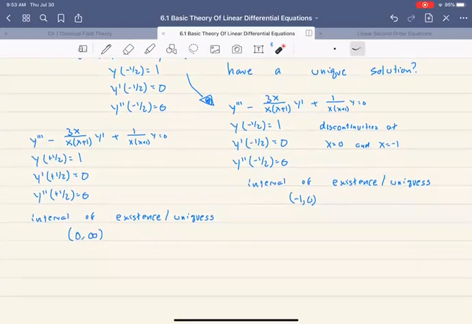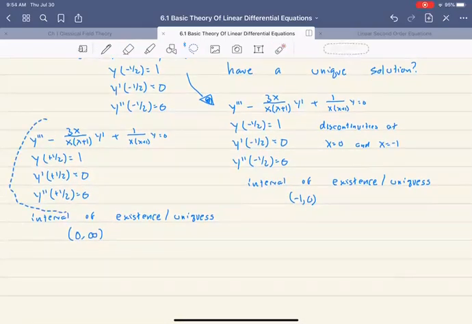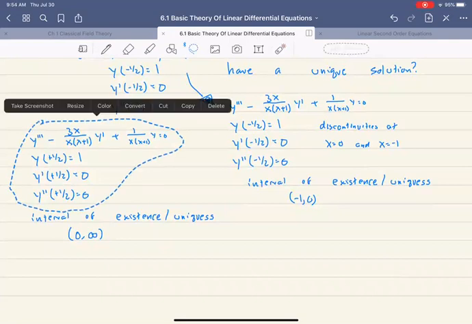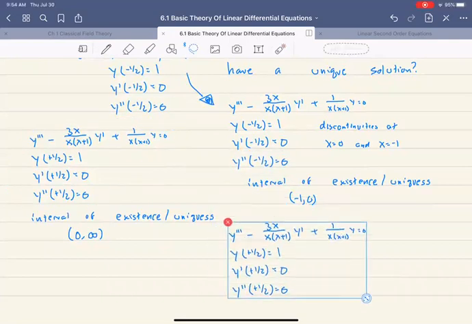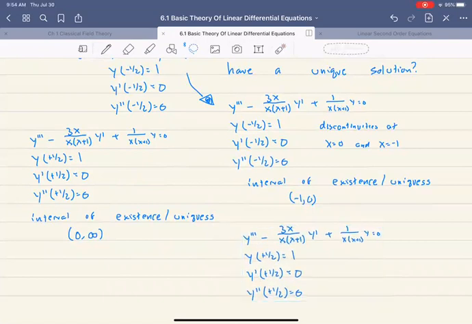Likewise, let's say my initial conditions were at negative 1. No, can't do negative 1, but negative 2. Initial conditions at negative 1 won't make sense, just as initial conditions at 0 won't make sense.